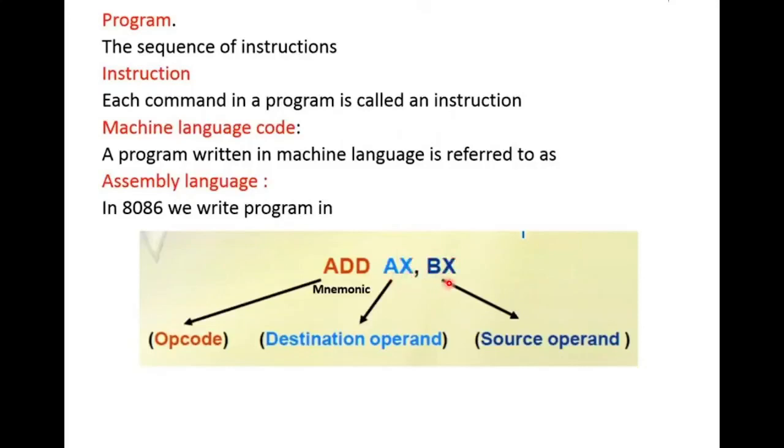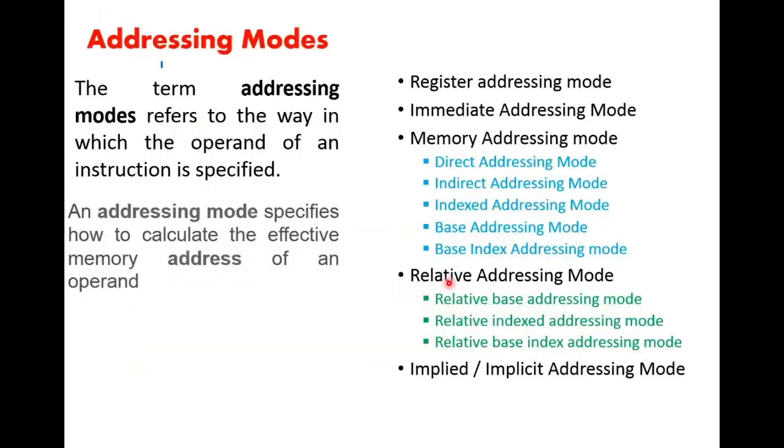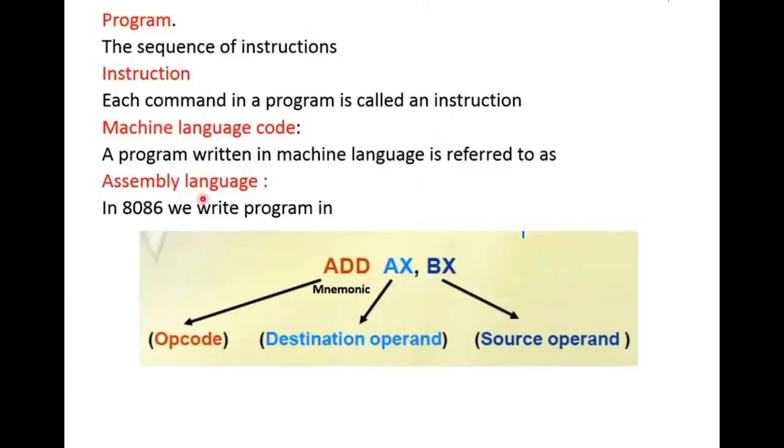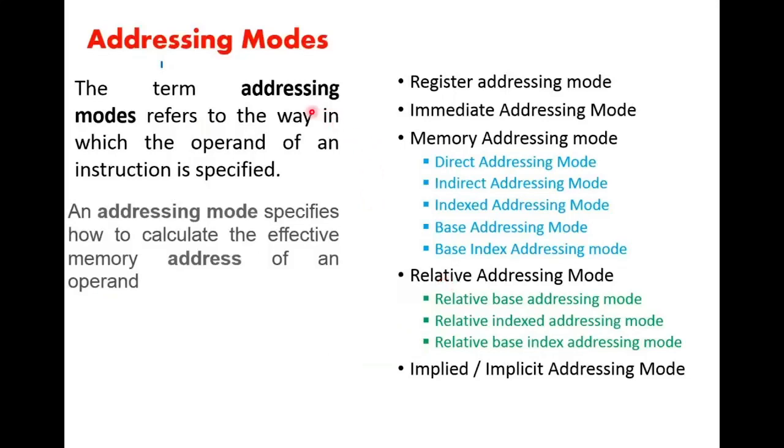The way you specify the operand in an instruction is called addressing mode. If in this instruction I am using register names, then this is register addressing mode. I hope you understand what addressing modes are.